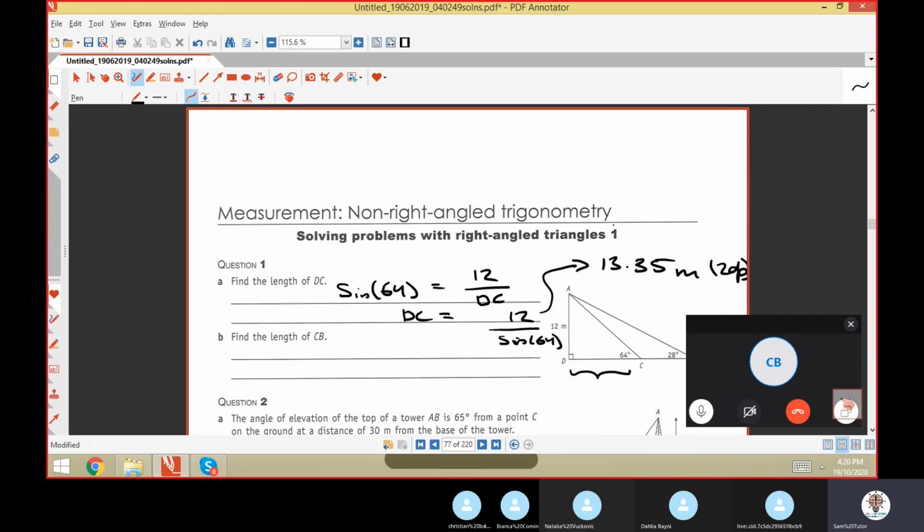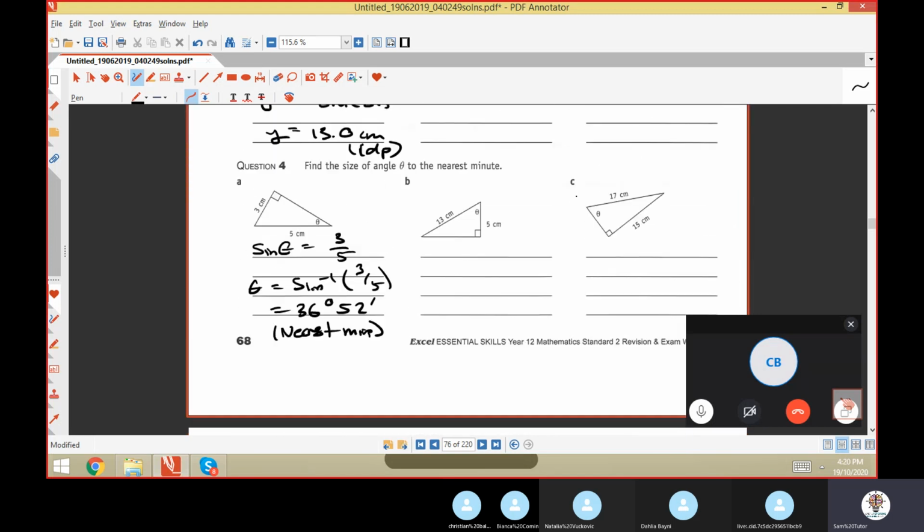Question 4, let's have a look. You see that? Opposite to that is 3, and opposite to the box is 5, so you have to use sine. Yeah. And this question is just like question 2.